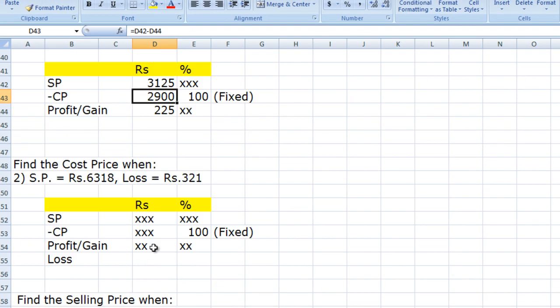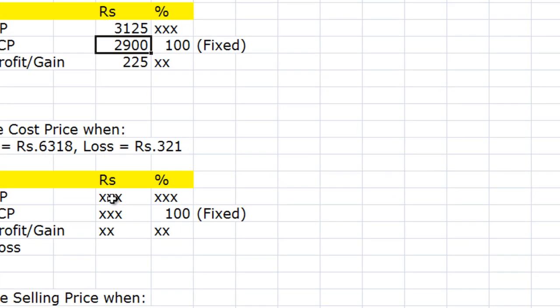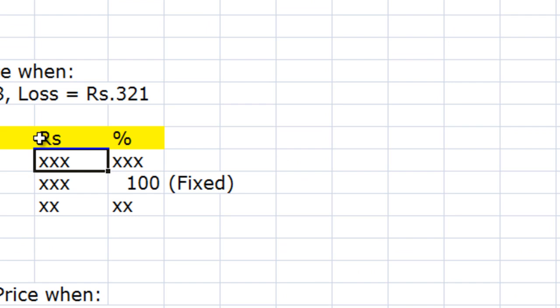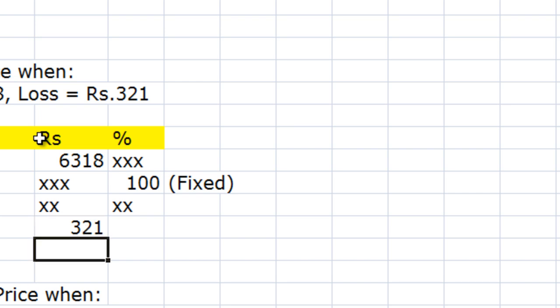Now we are going for the next situation. Here the selling price is 6,318 rupees and loss is 321 rupees. Here SP is equal to 6,318 rupees and loss is 321 rupees. So here it is minus 321.